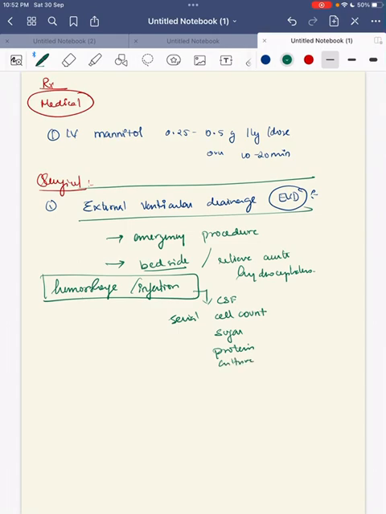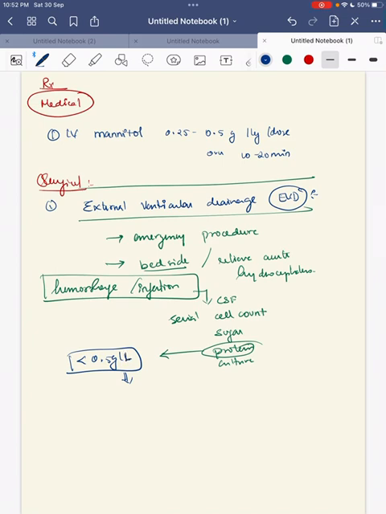You have to monitor everything. When you find the CSF protein to be less than 0.5 gram per liter on your serial investigation, this is the time for trial closure of drainage.